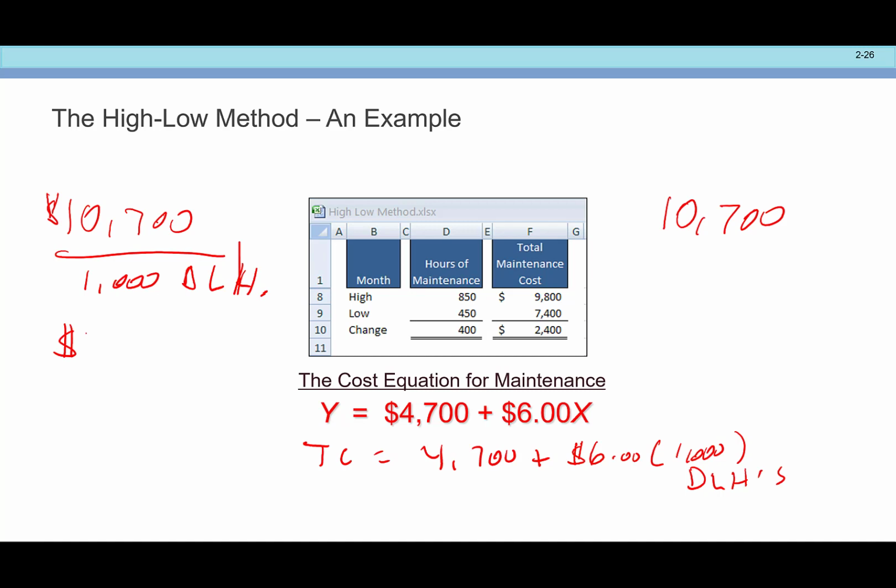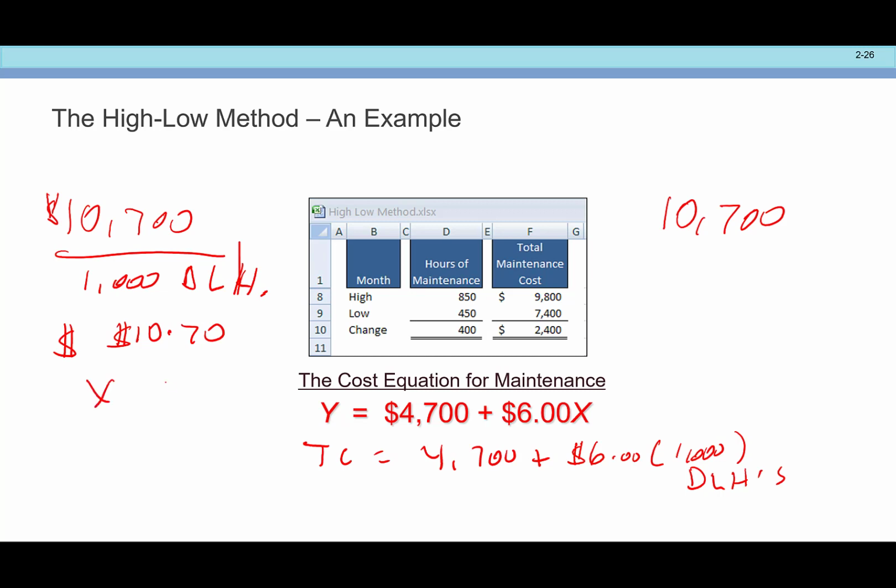So 10,700 divided by 1,000, Michael, is how much? $10.70 per direct labor hour? Okay, good. Now what happens if the wooden table incurs 3 hours of direct labor time?